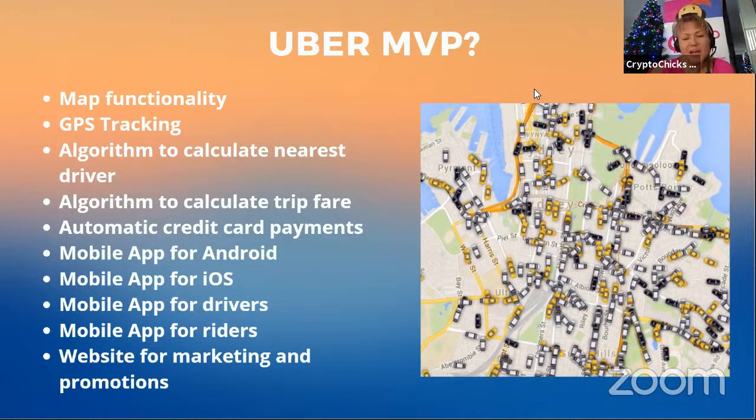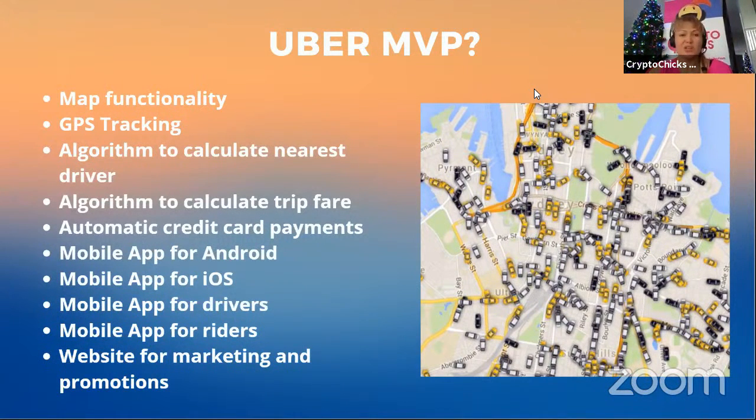They need a mobile app for Android and for iOS as well, because they don't want to lose that market. And they need a mobile app for the drivers to take orders and process the payments, and for the riders to show their locations. And also they need a website for marketing and promotions. So imagine how much money and how much time they would need to develop all that, and how many people as well, and how many millions of dollars to do that.